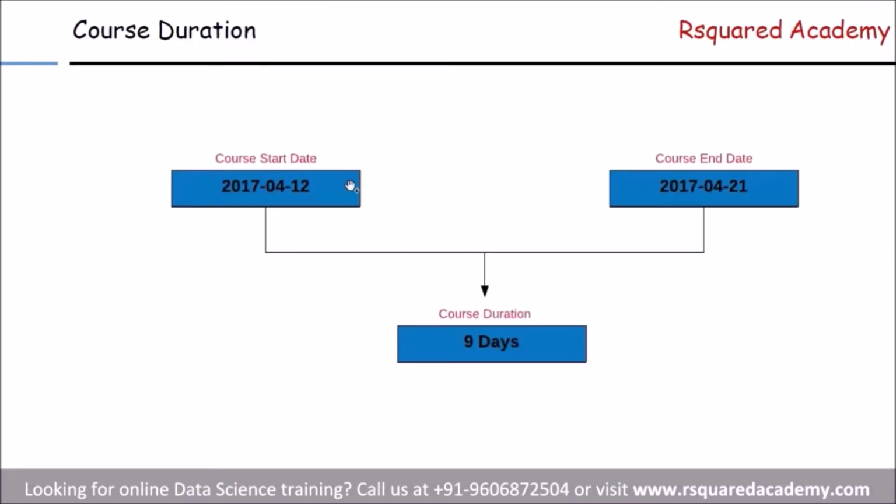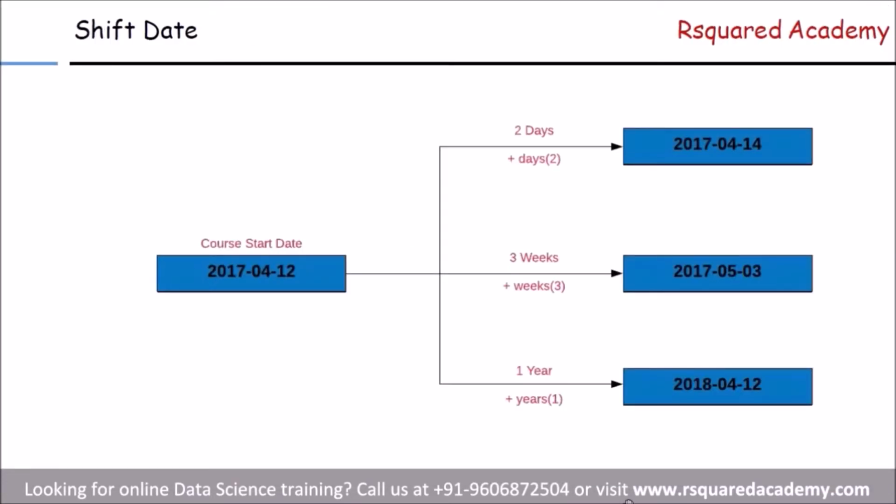In this case, we are looking at shifting the date. We have the course start date, and let us say the course is postponed. Due to some issue, your course gets postponed by a few days, weeks or even years. So how do we change this?